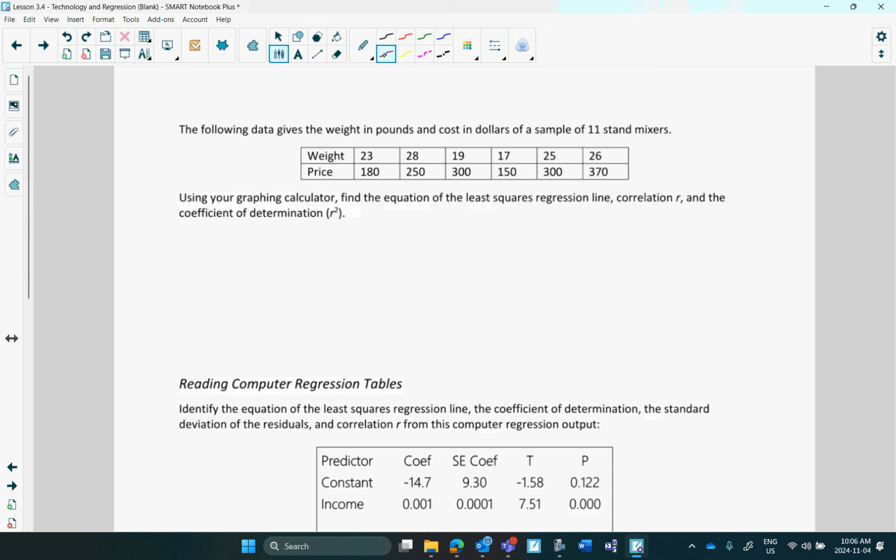Well, first of all, I'm going to put over to the side here, R equals, and you can go 2 decimal places, 3 decimal places, 4 decimal places, it really doesn't matter. Okay, I usually do 2 or 3. So R is going to be 0.492, and R squared is going to be 0.242.